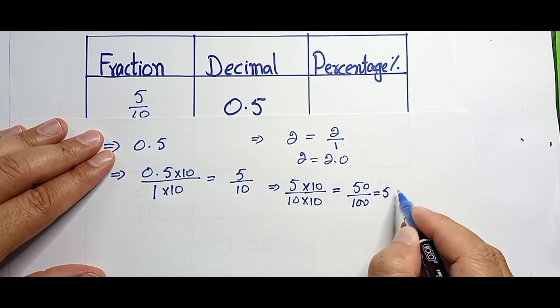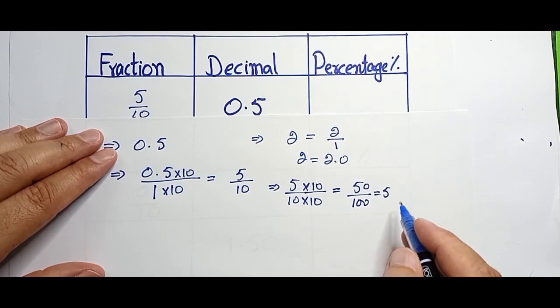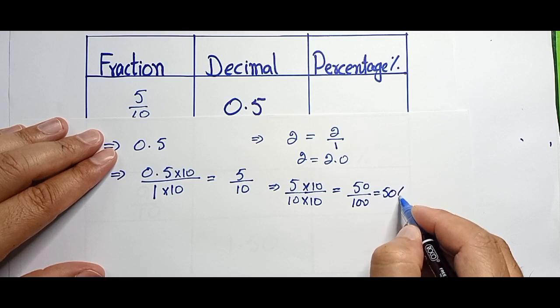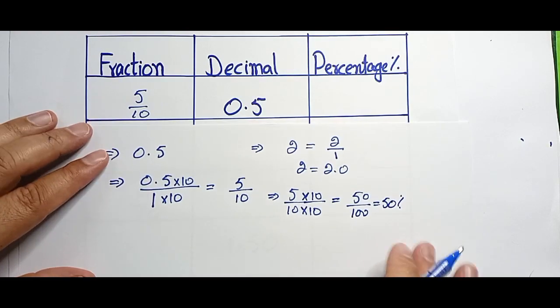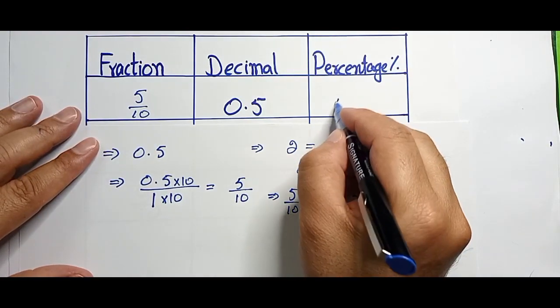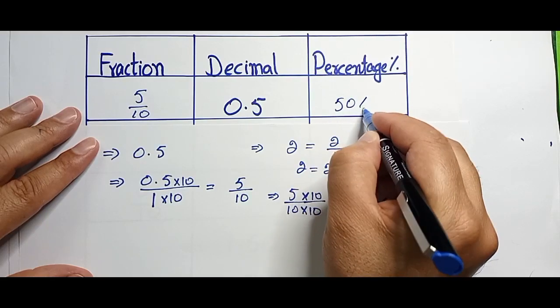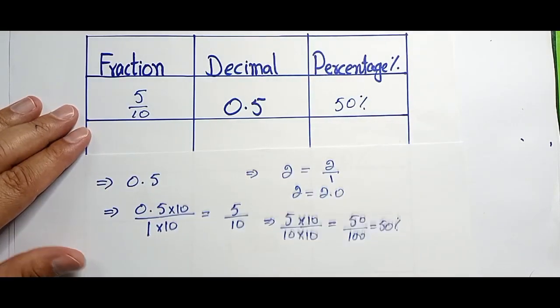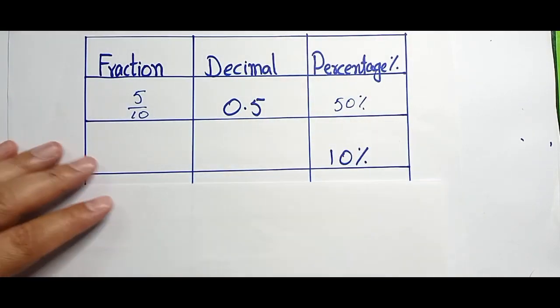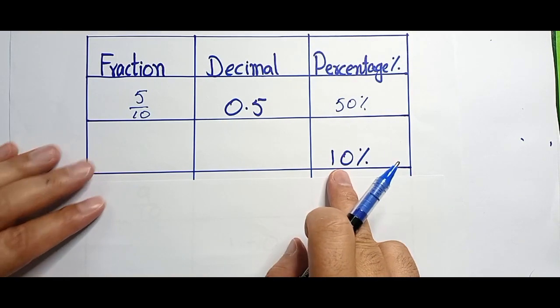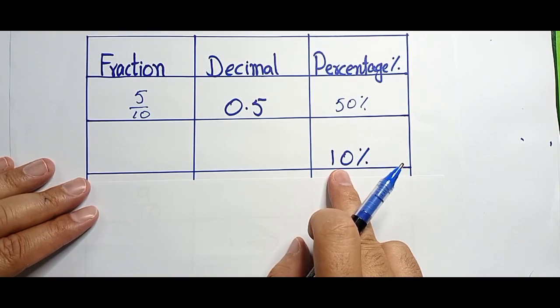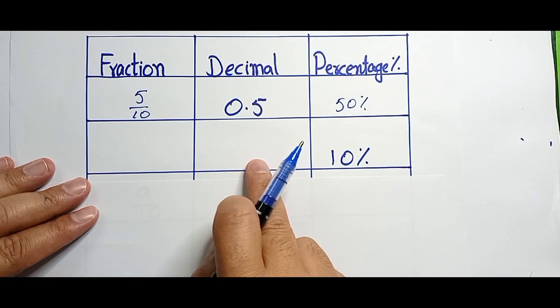And now if any fraction has denominator 100, the numerator is the percentage. Now it is 50%.